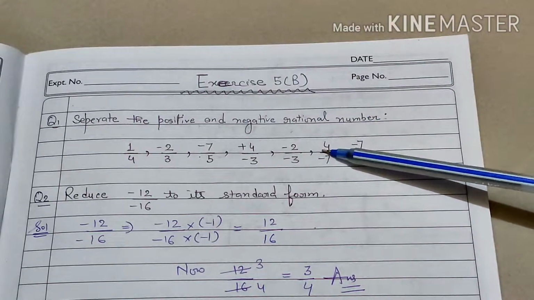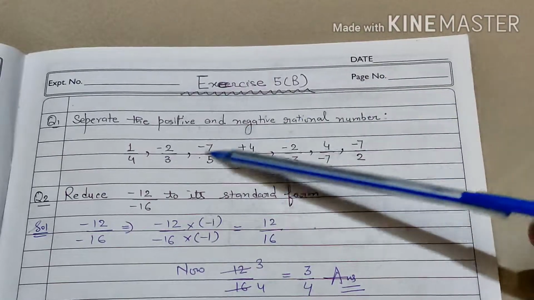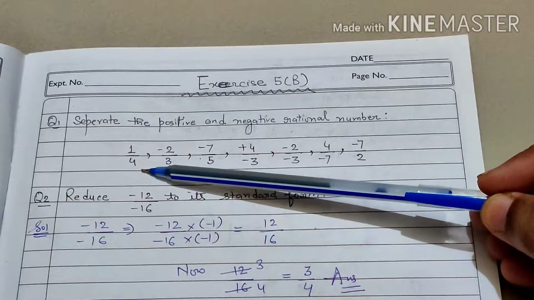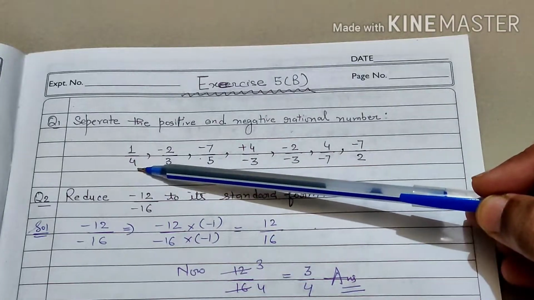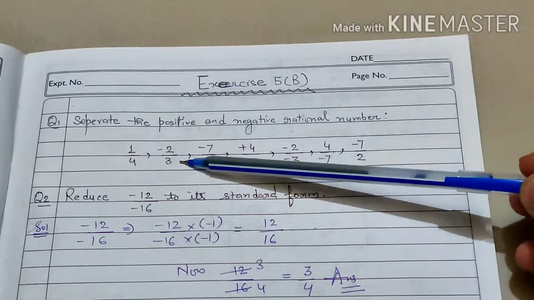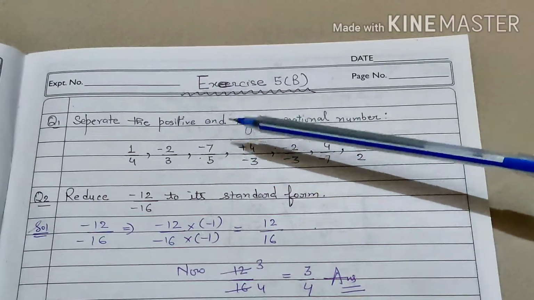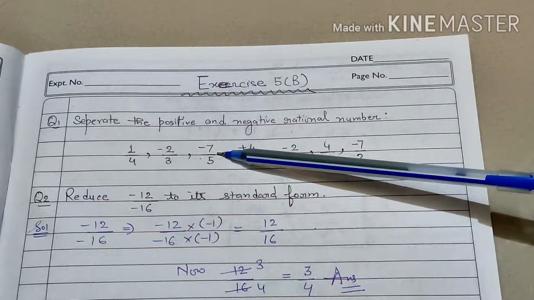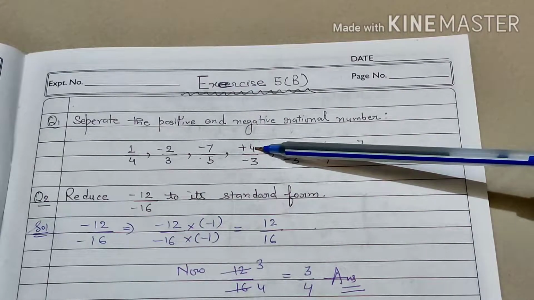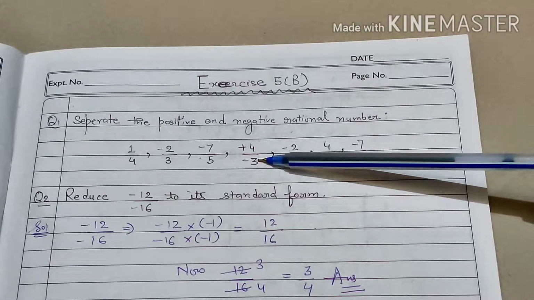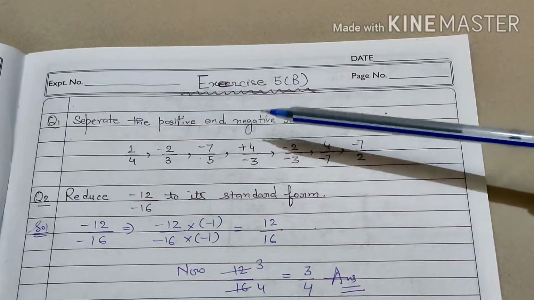As you know, who is positive and who is negative. Here there is no sign, so by default it is a positive rational number. Here there is a negative sign, so it is negative. Same thing, it is also negative. This one has a positive numerator and a negative denominator, so it is in an improper, or non-standard, form of rational number.